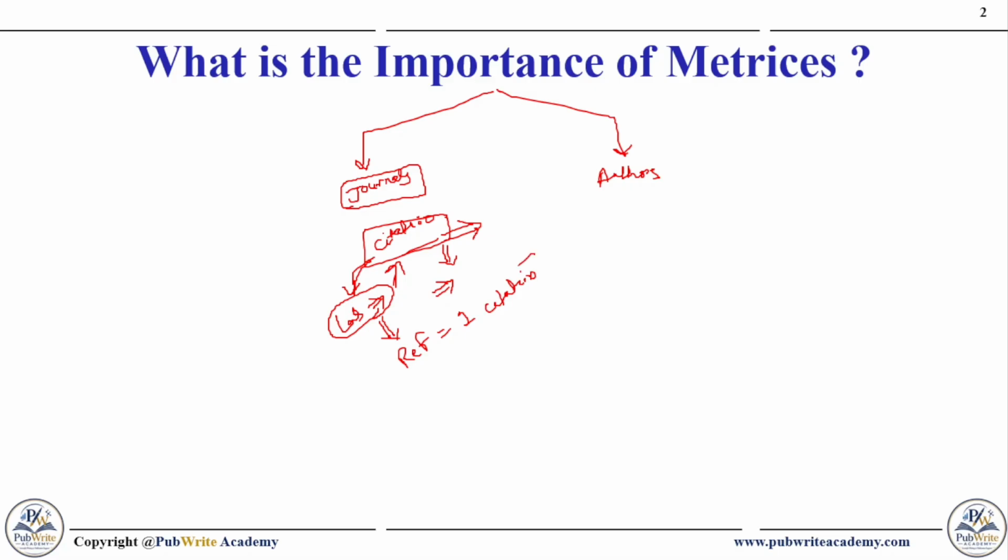The important thing you need to understand is when the citation will reflect. I'm just developing your basics, so you understand what exactly the citation means and when the citation will reflect in your profile. Let me give you one instance.